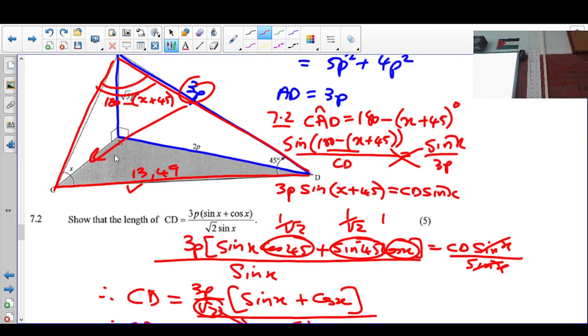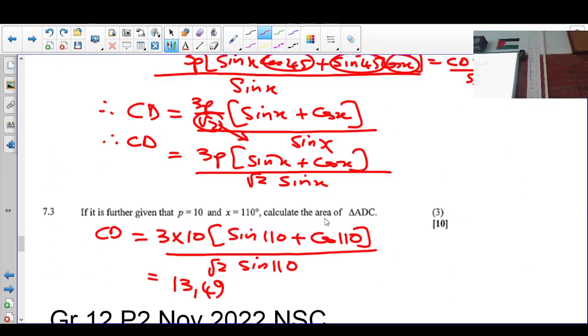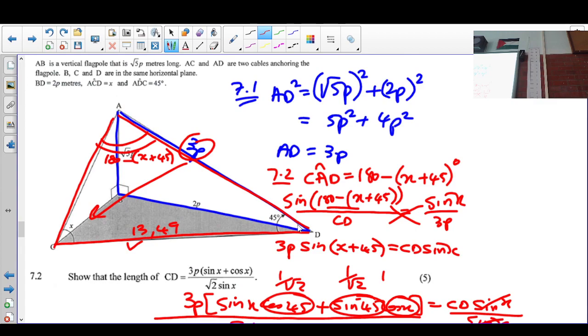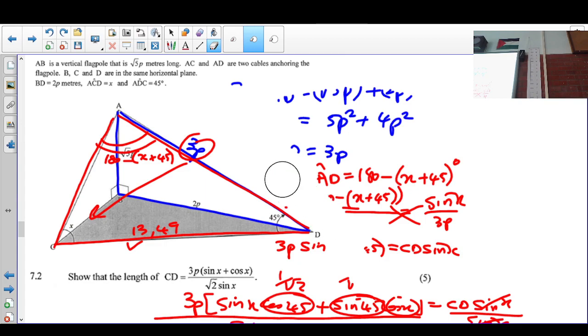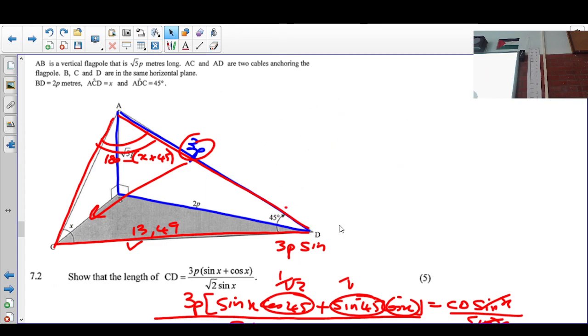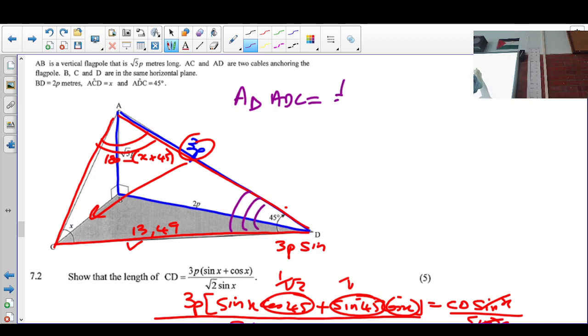Now to calculate the area of this triangle, which triangle is this? ADC. So the area of triangle ADC is equal to, we're going to use that as the included angle, so it's going to be half times 3p, and p is 10, times 30.49 times sine 45.